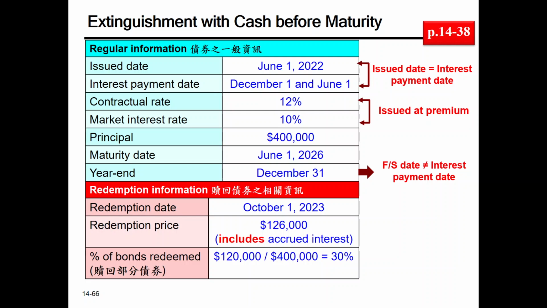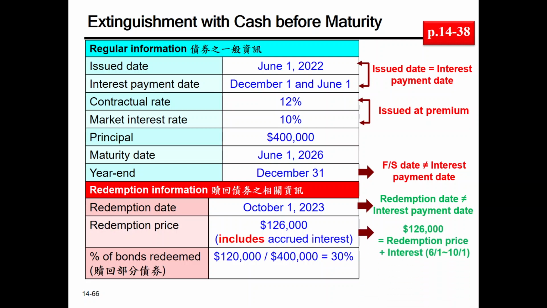About buy back the bond, you buy back the bond on October 1st. So you should be very careful. Why? Because redemption date is not the same as interest payment date. So since they are not on the same date, you should count how many months, right? Okay. Redemption price $126,000 includes interest. So means what?